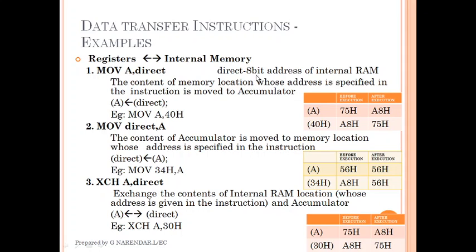Direct is actually an 8-bit address of an internal memory location of RAM. We have seen that we have 128 bytes of internal RAM. That means we have 128 memory locations, each of 1 byte, and each of the memory locations is recognized by the corresponding address.